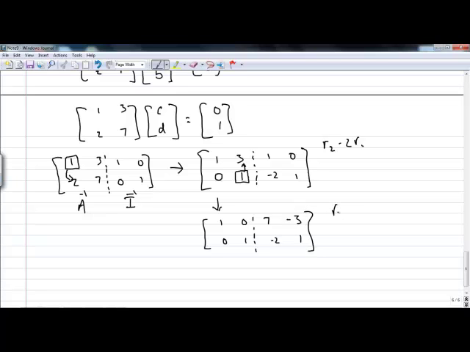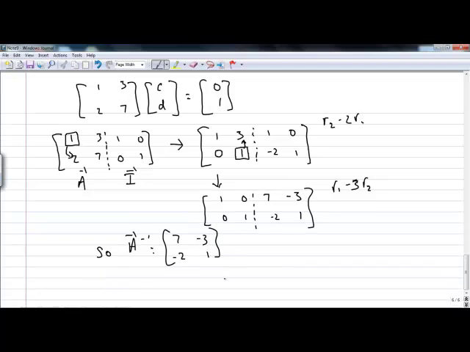So this elimination step was row 1 minus 3 times row 2. Okay, so A inverse is equal to the matrix 7, minus 3, minus 2, and 1.